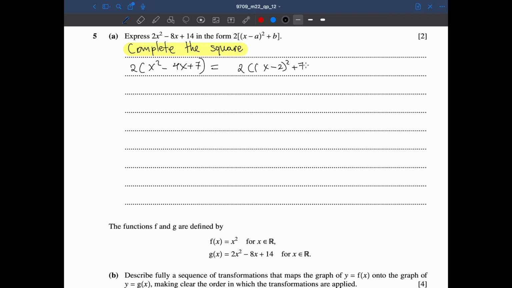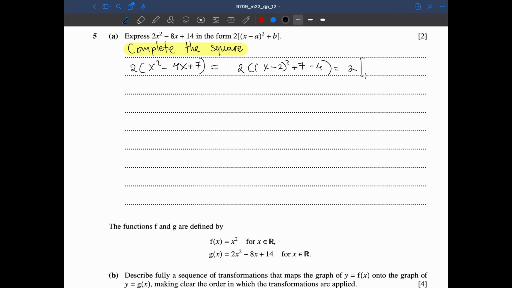And then when we expand (x minus 2), so let me just show you. When we expand (x minus 2) squared, we're basically going to get x squared minus 4x plus 4. So we have this unnecessary 4 here. We need to get rid of that, and in order to do that, we subtract 4, which will give us 2(x minus 2) squared, or no, that's not the form they asked.